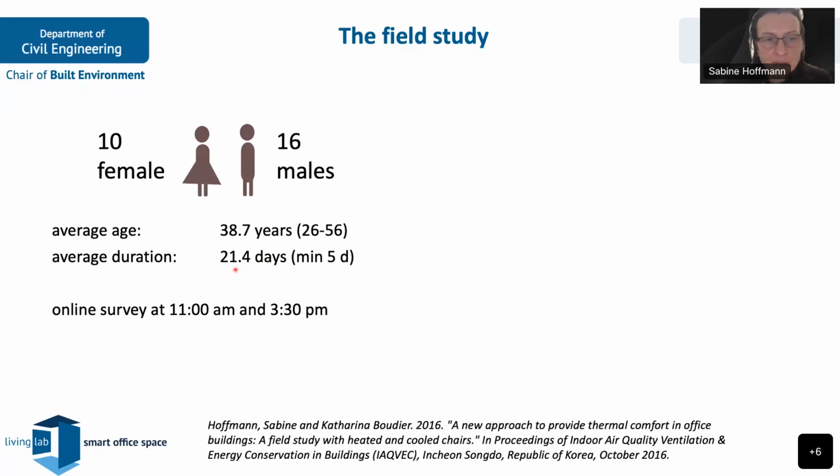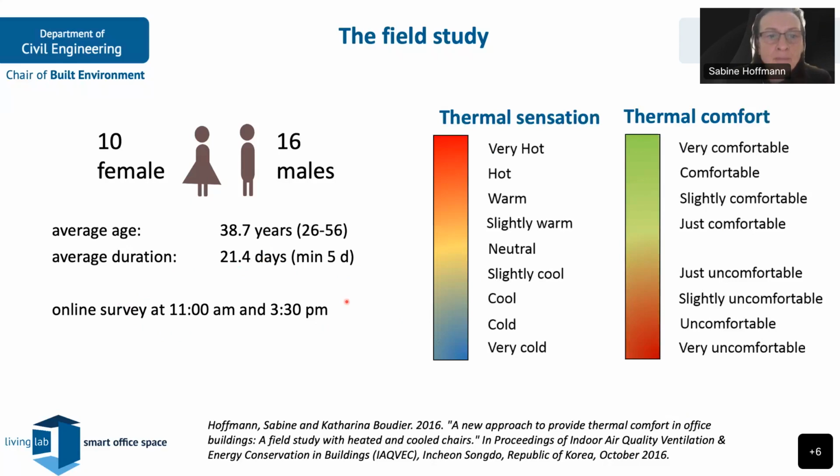During the days when they used the chair, they were requested to fill in an online survey twice a day at 11 a.m. and at 3:30 p.m., where they rated their thermal sensation and thermal comfort before using any of the cooling or heating function and afterwards.